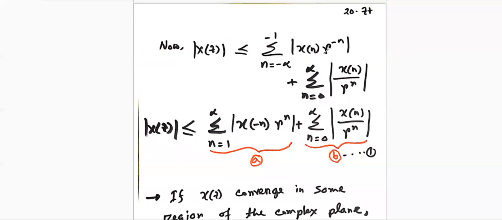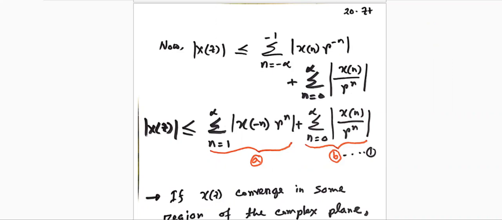And if you look very closely, by definition, the Z transform is x[n] r to the power minus n. That is the magnitude. So from minus infinity to plus infinity, we are just putting it like that. And for 0 to infinity, we can write it in this way, x[n] over r to the power n.